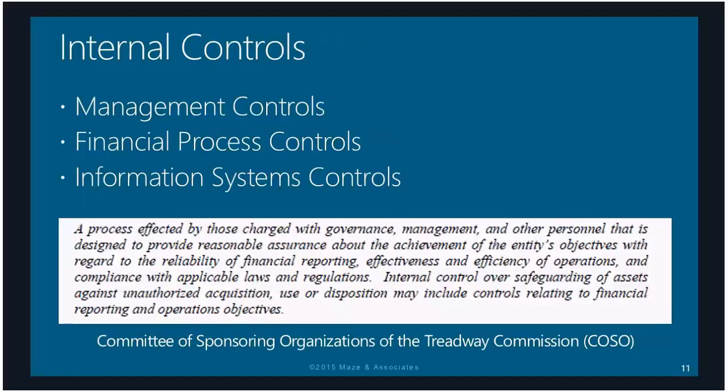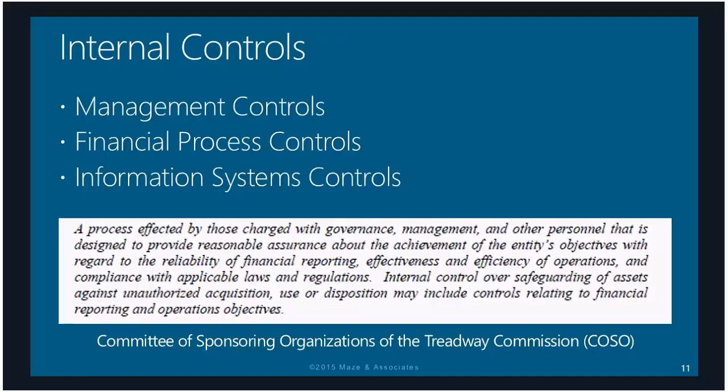There's the management level of controls. There is financial processing controls. Those are the controls about separation of duties, such as the person who prints checks can't sign the checks. That's a great example of a financial process control. And then you have information systems control. Examples of those would be things from firewalls to user accounts and passwords.